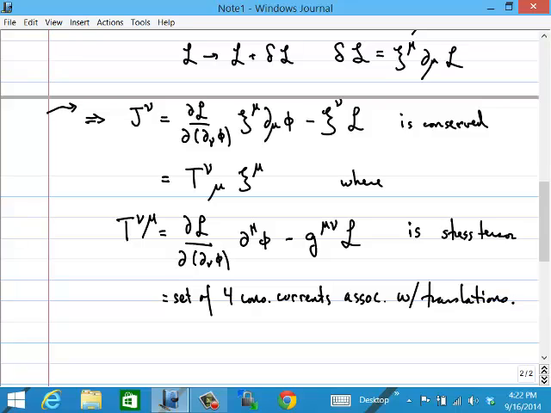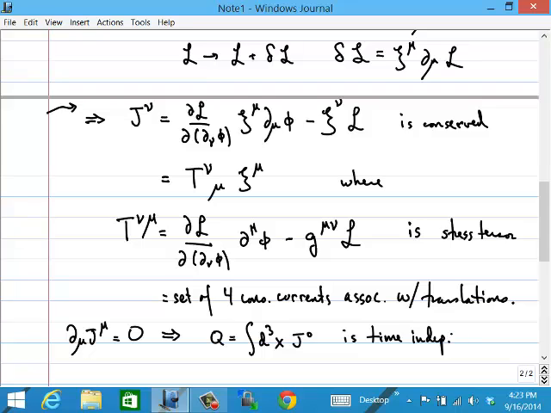If you want to construct quantities from this that are conserved, that is to say, independent of time, then we just do what we did last time. Remember that if we have a conserved current j mu such that del mu j mu is equal to 0, then the integral d3x of j0 is time independent.